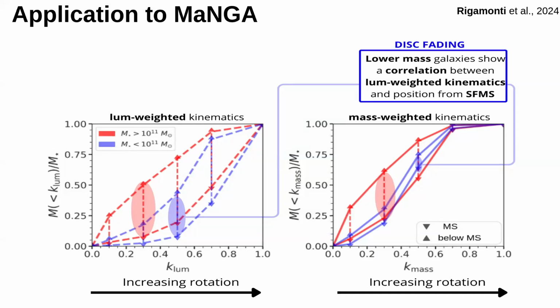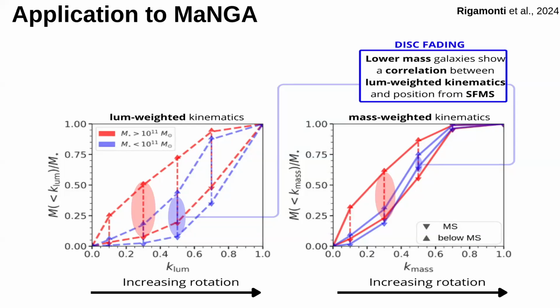what mostly happens is that they stop star formation, and the star formation stops mostly in the disk. So the light of the disk dims, or in other terms, the bulge over total ratio increases, but not because the light of the bulge is increasing, but because the light of the disk is decreasing. Okay. The luminosity weighted kinematics, which weighs the intrinsic kinematics of your system by luminosity, keeps this bias while you move away from the star forming sequence, while the mass weighted kinematics doesn't have that bias.